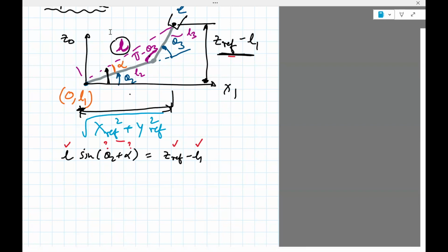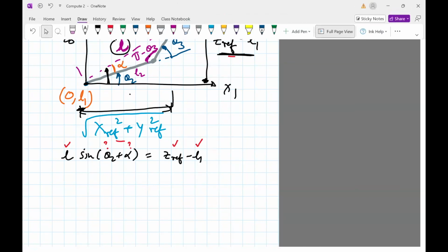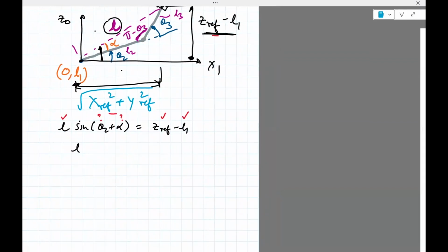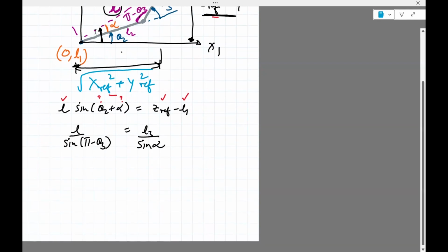So in this case, I need to compute alpha, and I can use what is known as the sine rule. The sine rule states that L divided by the sine of the angle opposite the side L, which is pi minus theta 3, equals L3 divided by the sine of the angle opposite it, so sine alpha.